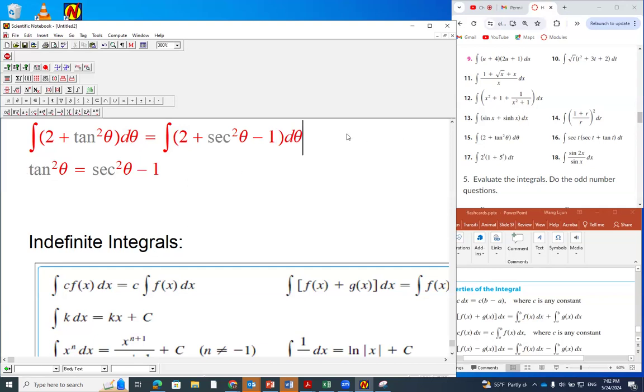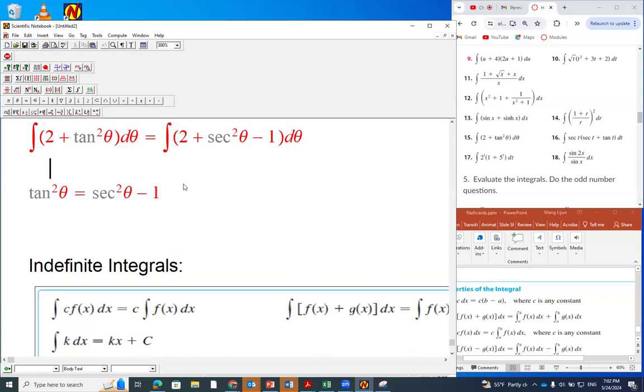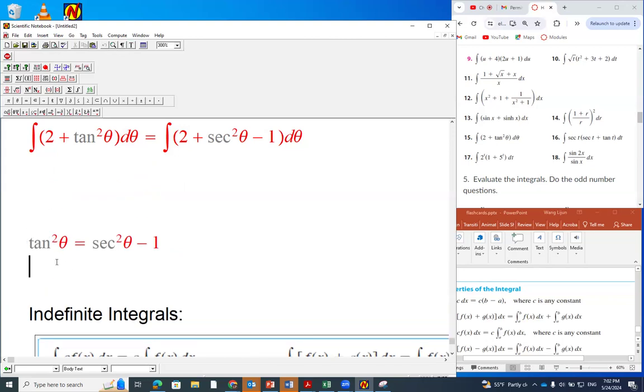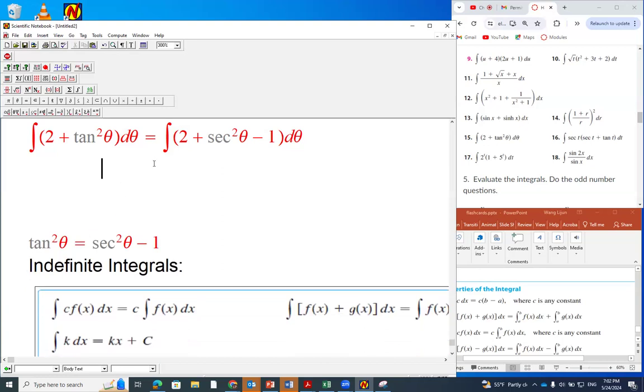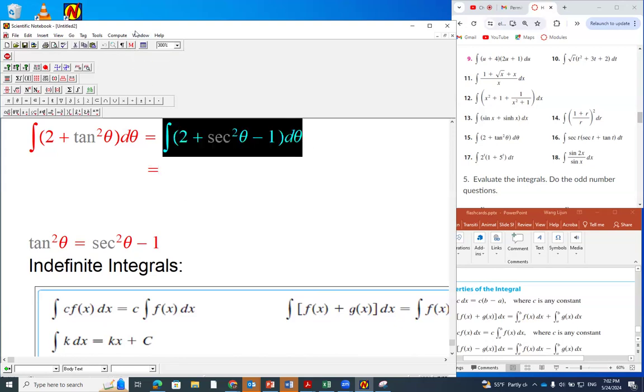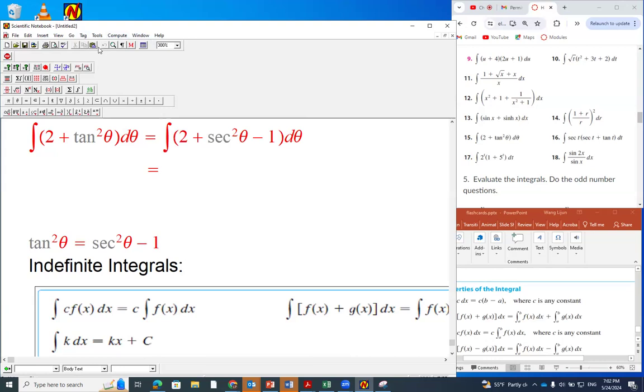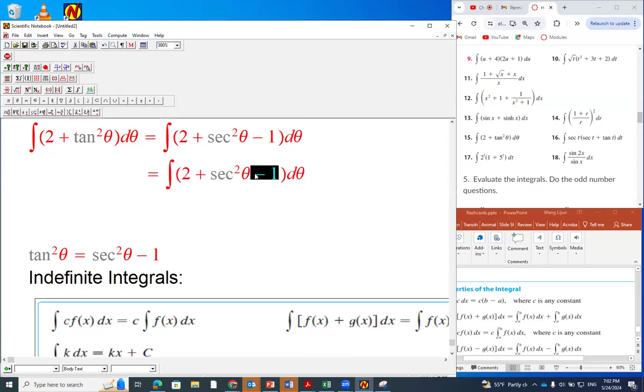Okay? And next, you don't have to show this part. And then what do we get? We're going to organize the terms a little bit inside. That's going to be 1 plus, right? 2 minus 1 is a positive 1.